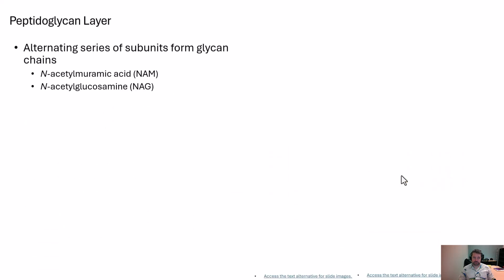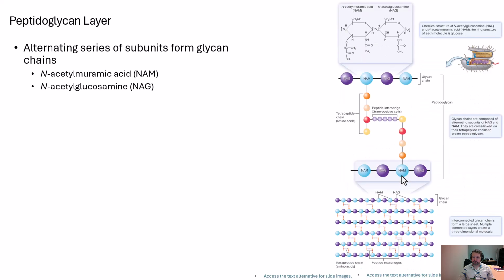Okay, so that peptidoglycan layer has alternating chains of NAM and NAG, so N-acetylmuramic acid and N-acetylglucosamine. And so why is that important?